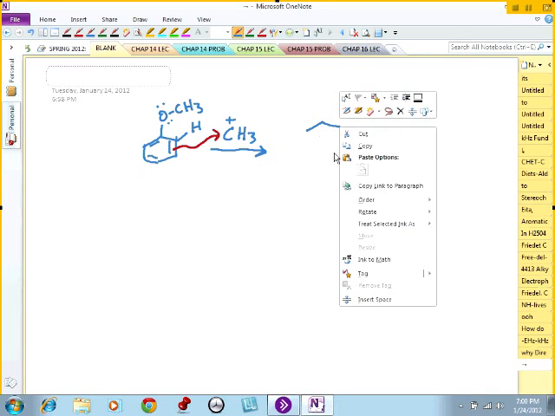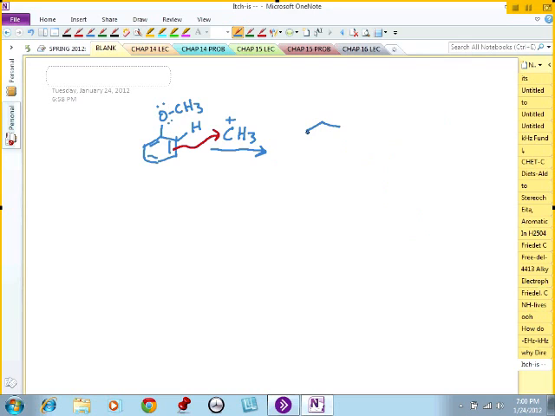We form this intermediate, in which the hydrogen is here, and of course the methoxy is here.